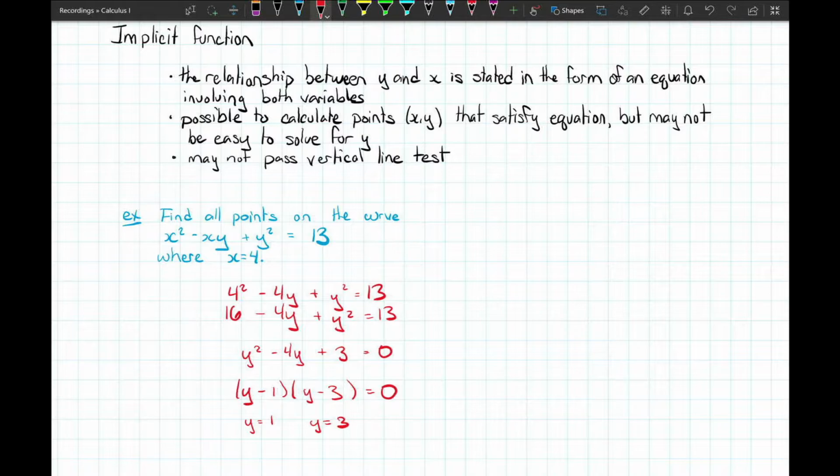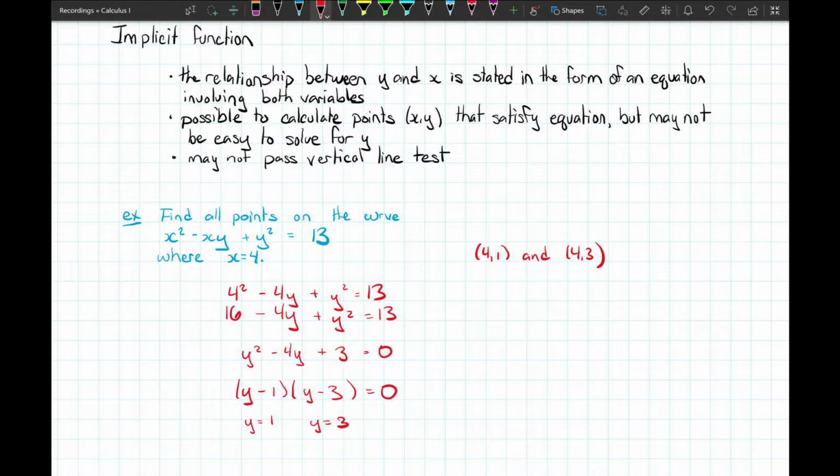That gives us our two points, (4, 1) and (4, 3). If we were to continue, we could try different values for x. Knowing that it's a quadratic, depending on the value of x, we may find no solution for y, two solutions for y, or a single solution for y.